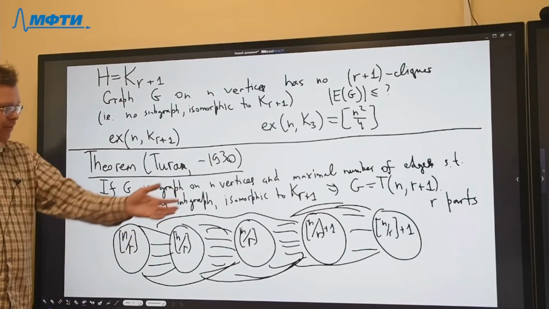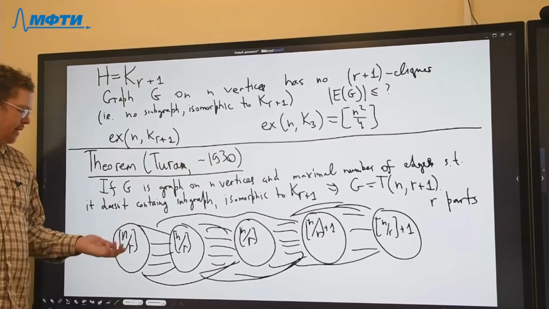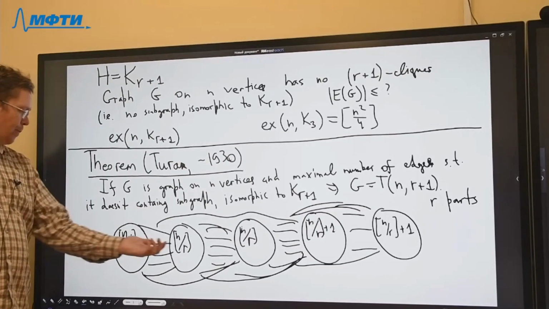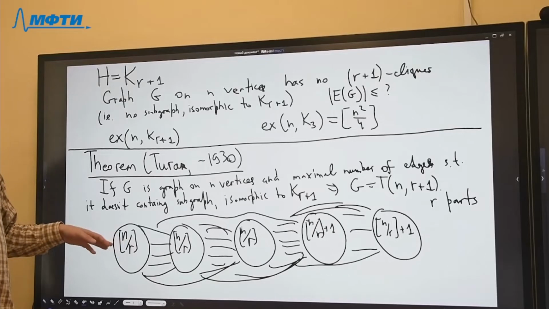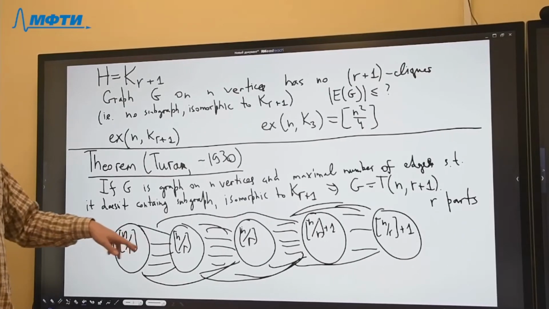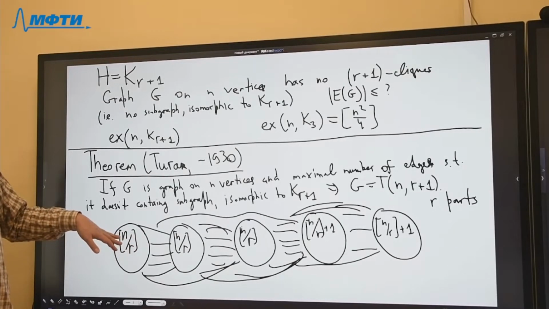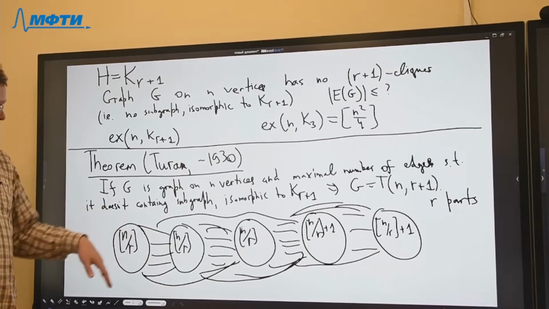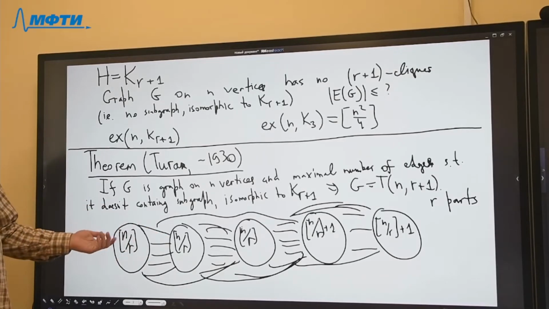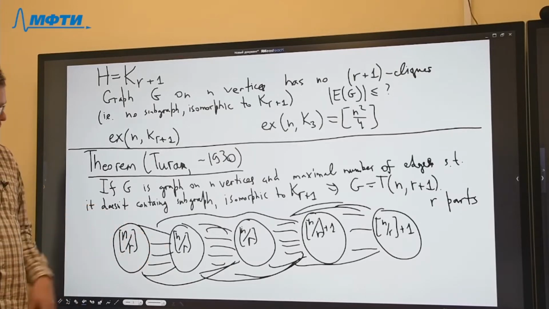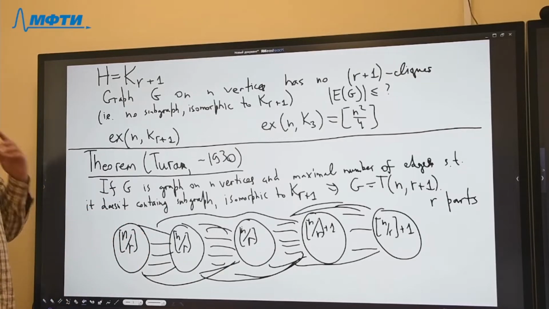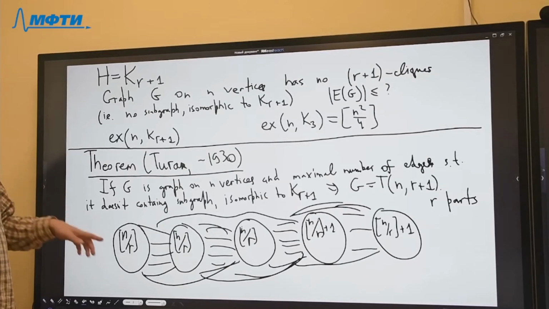So if we have exactly two parts, then this will be the full bipartite graph, and there will be two of them, and either they will have n over 2 and n over 2, the half of n, or there will be n over 2 minus half and n over 2 plus half.